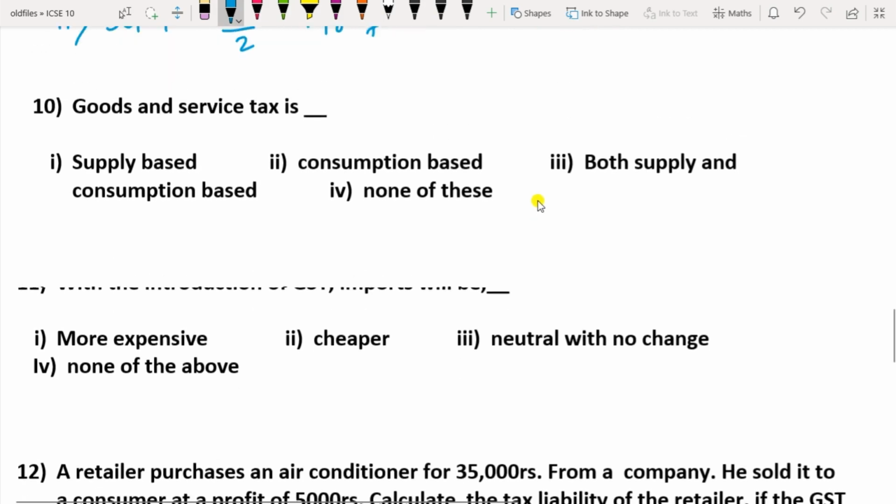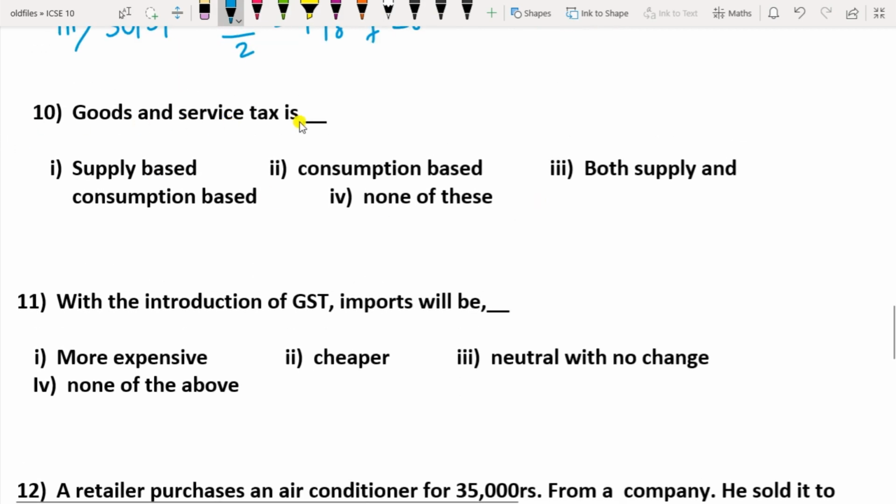Question 10. Goods and service tax, GST, is based on what? Supply based, consumption based, both supply and consumption based, none of these. GST is consumption based. Depending on how much material you are consuming, GST is levied.